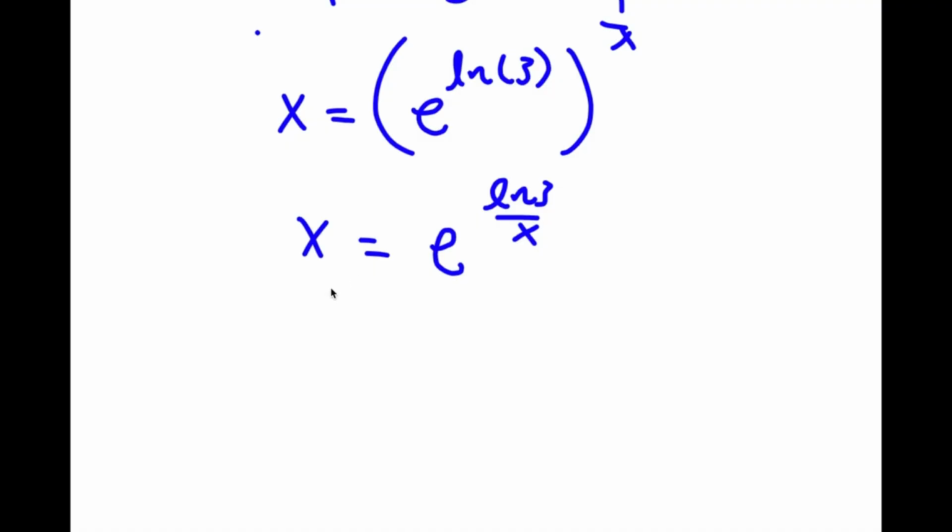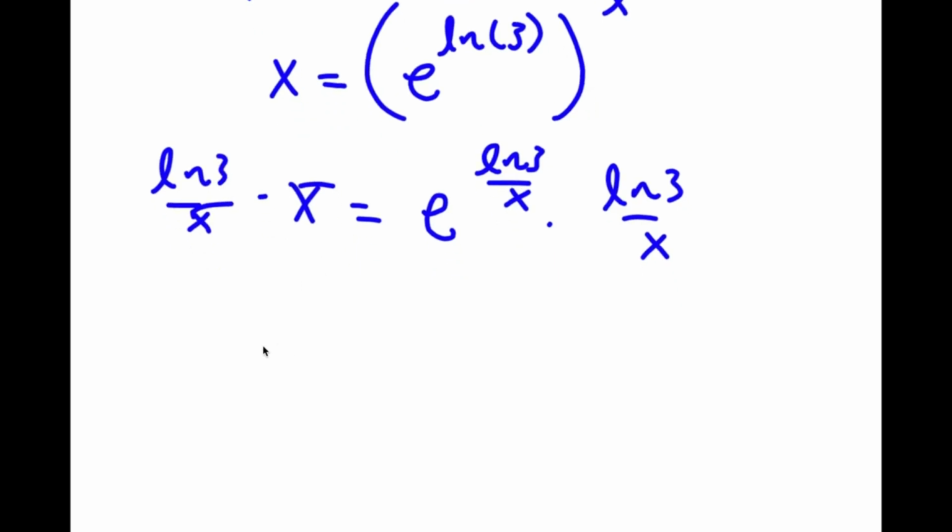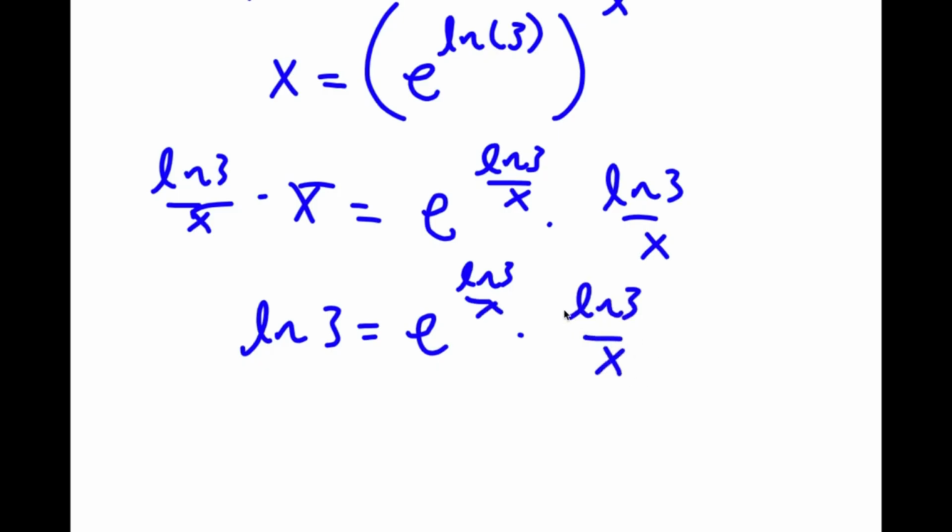So now, if I multiply both sides by ln 3 over x, these two cancel out, and I get ln of 3 is equal to e to the power of ln 3 over x times ln 3 over x.